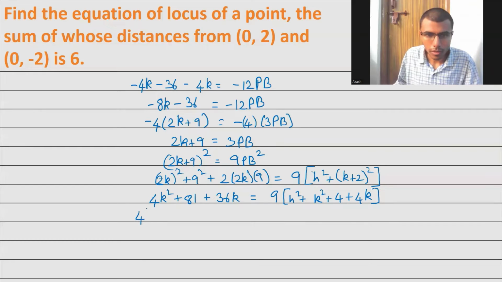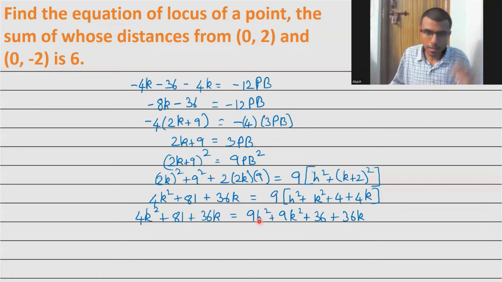Now 4k square plus 81 plus 36k would be equal to, multiplying 9 to all the terms, 9h square plus 9k square plus 36 plus 36k.